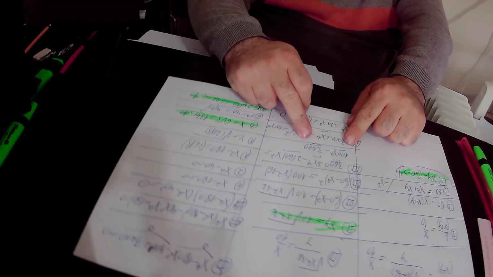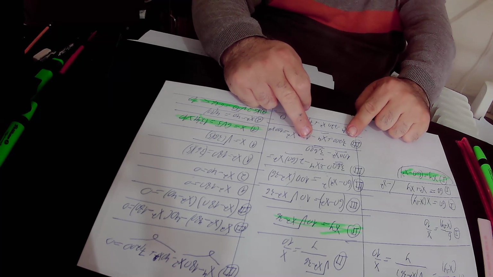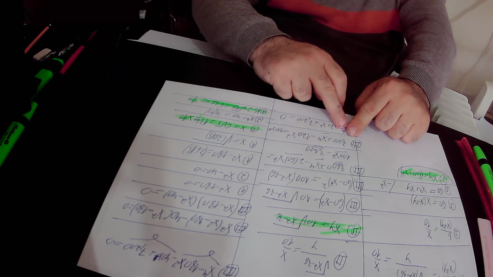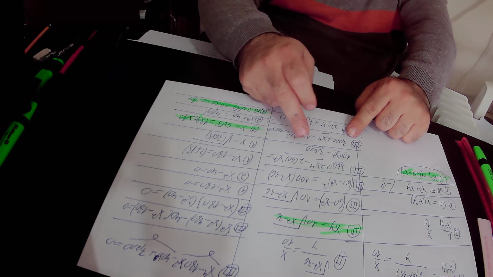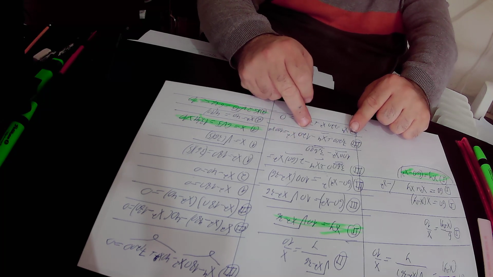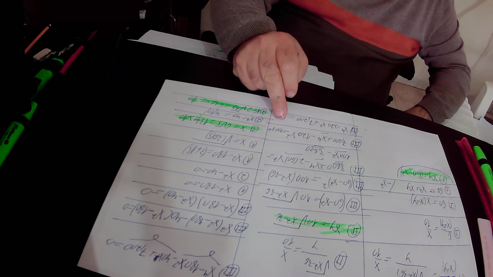Here we added 3600 to this equation, and we got that 3600 plus 3600 is 7200, plus x to the power of 4, minus 2 times 60 is 120x squared, equals 100x squared.